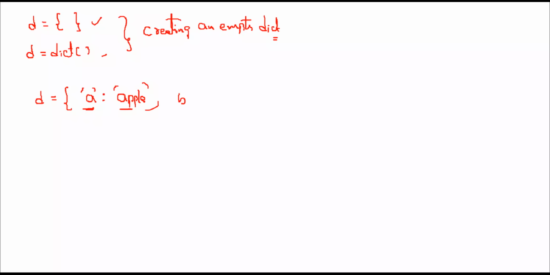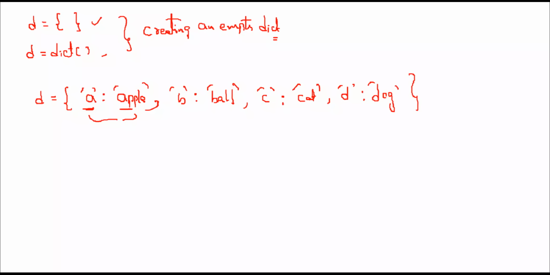After one key value pair, you have to put a comma. Suppose B for ball. Comma. C colon cat. Comma. D colon dog. Here how many key value pairs are there?